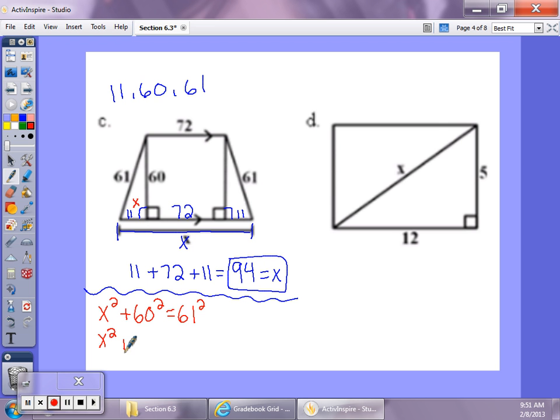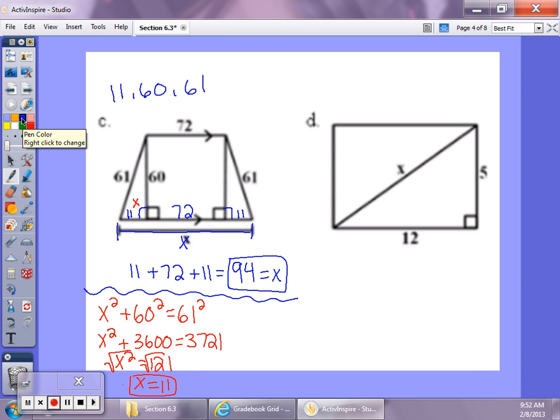So x squared plus 3,600 is equal to 3,721. So when you subtract 3,600 from both sides, we have x squared is going to be equal to 121. And then the square root of 121 also gives us 11. So just two different ways that you can solve for the same problem.